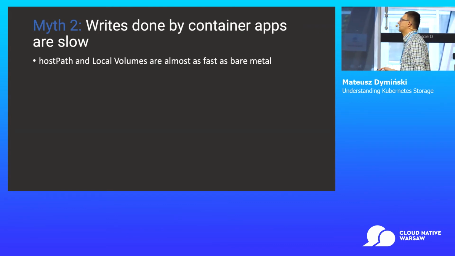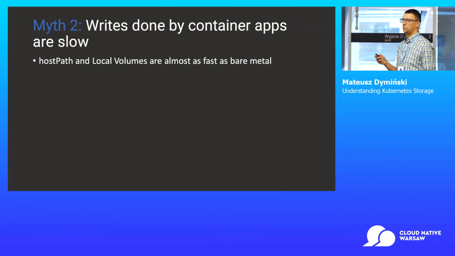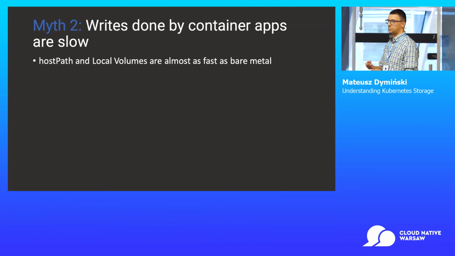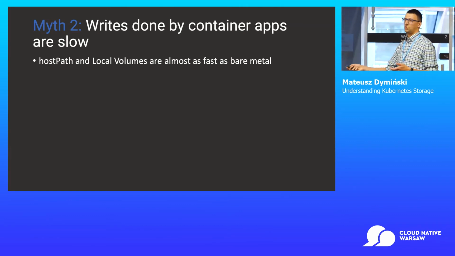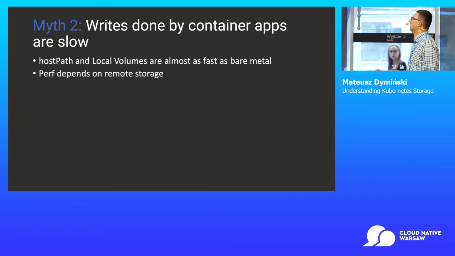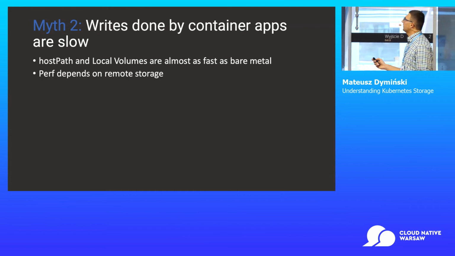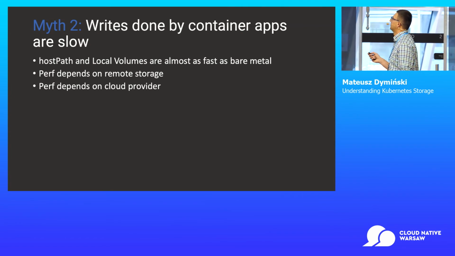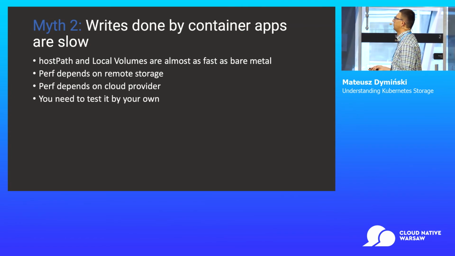So it's kind of a myth, but when we just use a standard provisioner and order EBS, then of course it depends on the cloud provider and on the storage. So you need to test it.